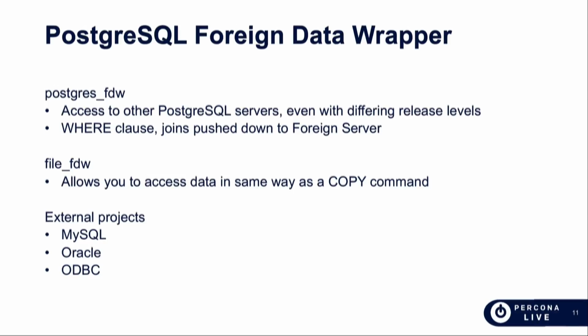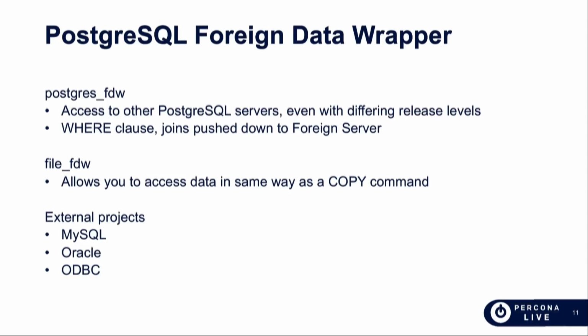So the Postgres distribution provides something called Postgres FTW, which allows you to access other Postgres servers, and we also provide something that allows you to access files. External projects allow you to access Oracle, MySQL, or just generic ODBC access.